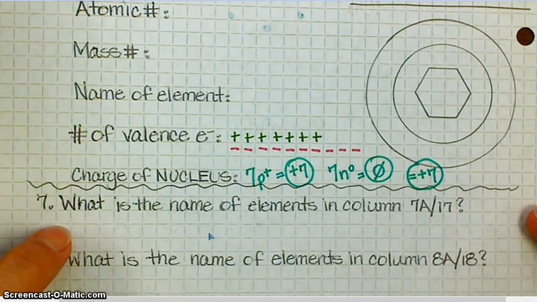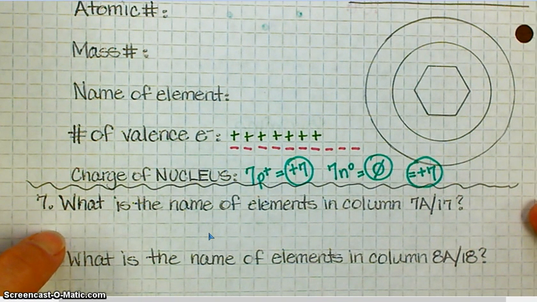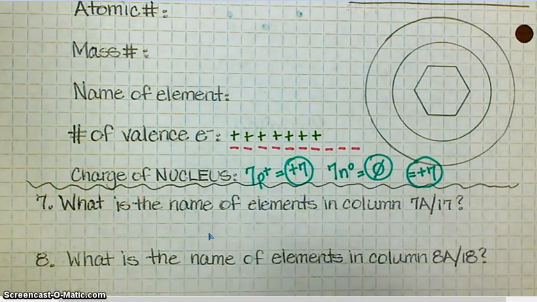What is the name of the elements in column 7A or column 17? Again, we haven't touched on this, but we are headed that way. Column 17 or column 7A, the one with fluorine, chlorine, bromine, iodine, etc., those are known as the halogens.